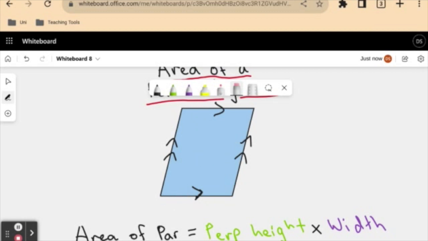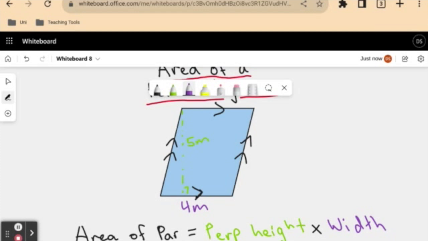Now, say I have a parallelogram, just to give you an example, with a perpendicular height of 5 meters and a width of 4 meters. What would be its area?